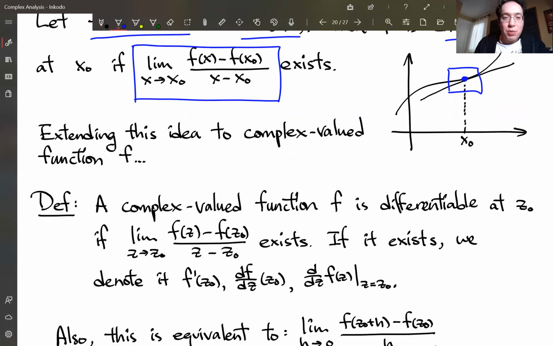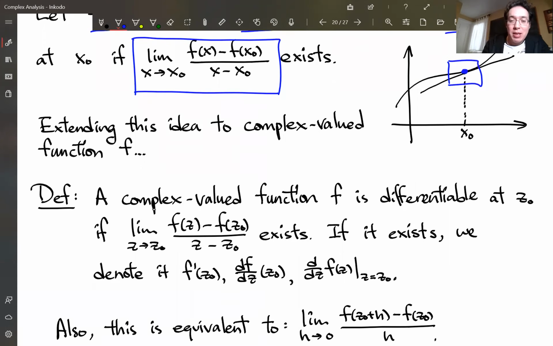So a very natural definition for complex differentiation is to just look at that limit and make x into a z, make it a complex number. So that's how we're going to define complex differentiation. We say a complex valued function f is differentiable at z naught if this difference quotient limit exists.